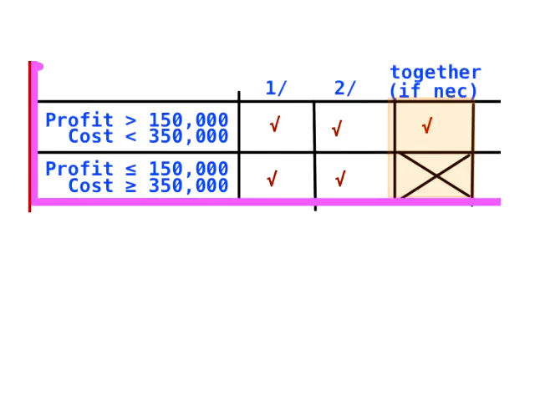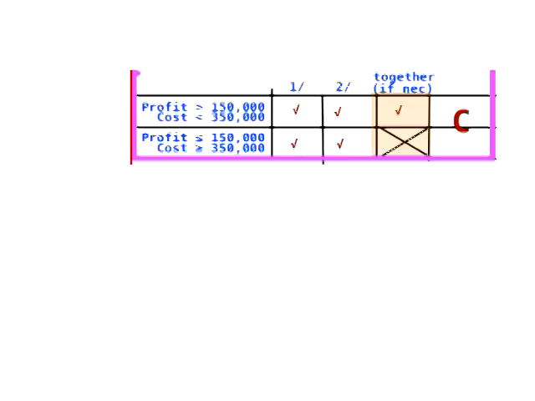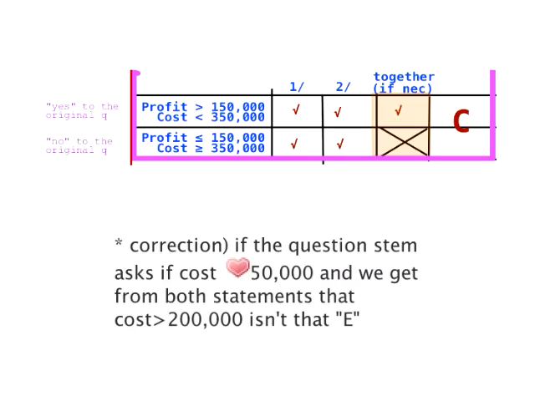Make sure you know how data sufficiency works, right? I made this little chart. Remember what these rows represent: these rows represent yes to the original question, and this represents a no to the original question. You don't want to keep thinking about the words yes and no because they're not math things. You can't do a bunch of math and have the word no pop out of it, right?